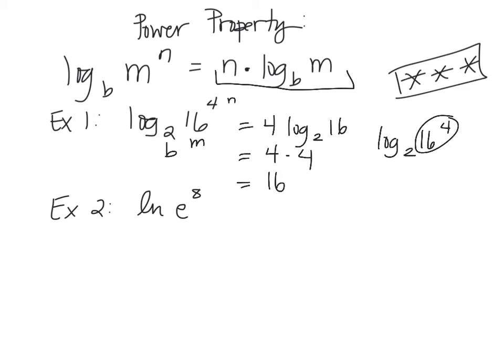Now let's say you saw this problem and you wanted to evaluate this exponent first. Well, we can do that too. And you would get log base 2 of 65,536. And we want to know with this problem, 2 to what power will give us 65,536?